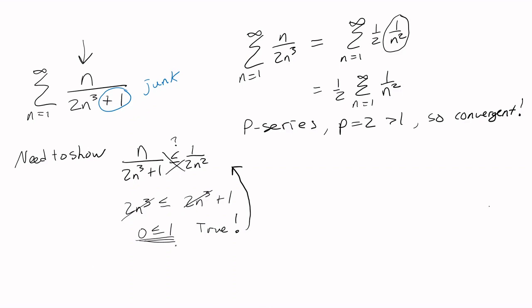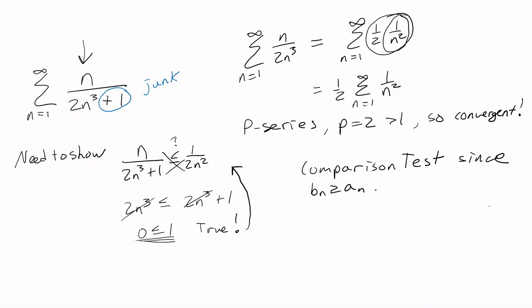So then this work shows us that our original sequence here, n/2n³ plus 1, is always going to be less than or equal to our new one, 1/2n². And I know my new one's bigger, so by the comparison test, since my new sequence is bigger than or equal to my old one, and my new series from 1 to infinity converges.